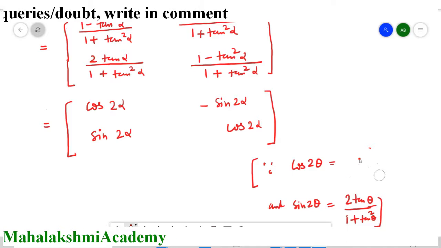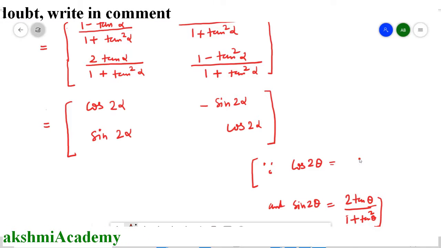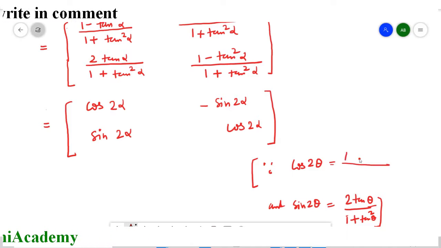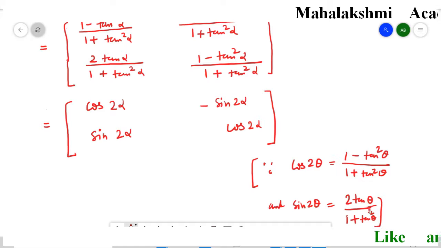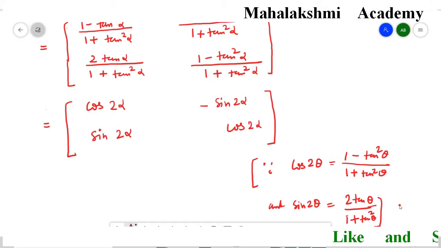The formula of cos 2 theta is 1 minus tan square theta upon 1 plus tan square theta, and the sin 2 theta formula is 2 tan theta upon 1 plus tan square theta.